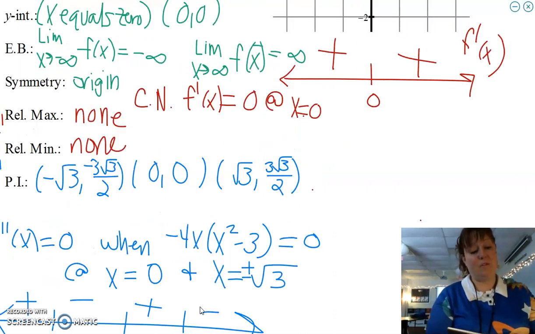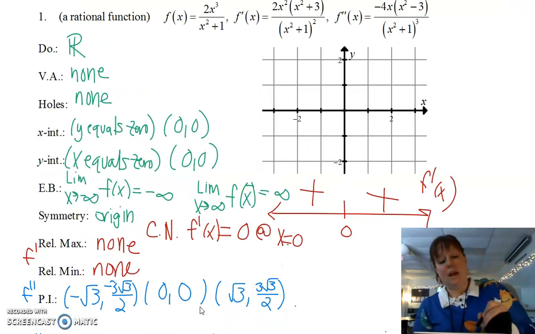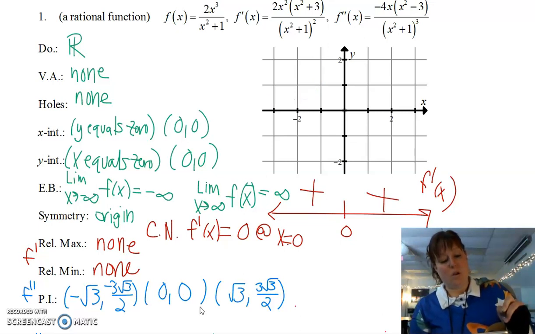Okay, so we know the domain is all real numbers. That's important because if you end with a sketch that doesn't go to all real numbers, that sketch doesn't follow that pattern, right? All right, so we have no vertical asymptotes. We have an x-intercept and a y-intercept of 0, so we put a point there.